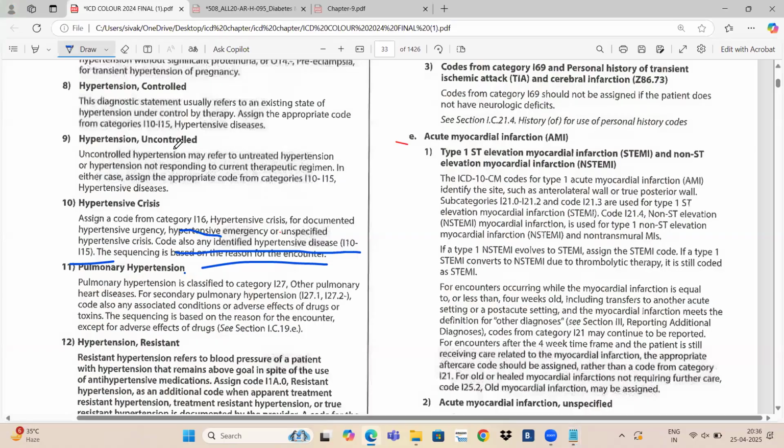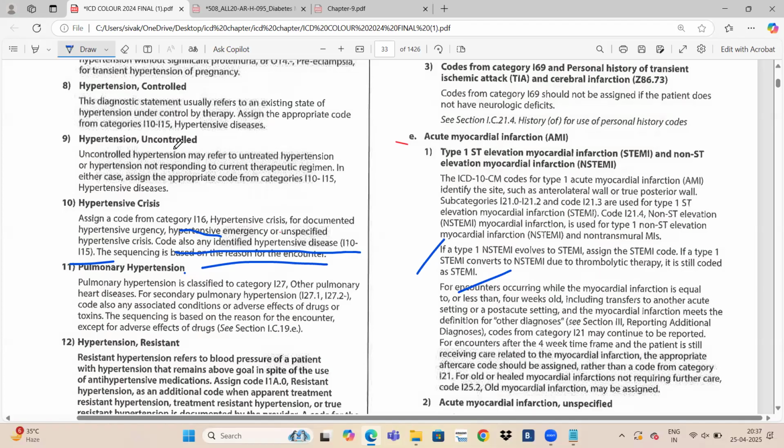If they documented NSTEMI evolves to STEMI, what do we need to code? STEMI. And STEMI converts to NSTEMI? STEMI only we need to code.